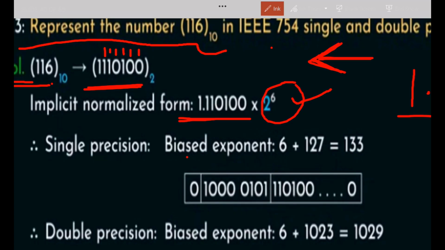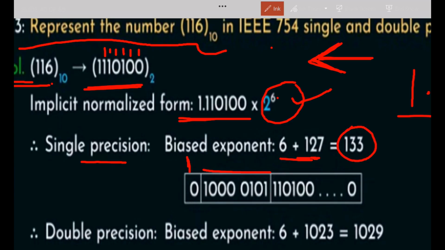Now see here, my first value is 0, meaning positive number, because 116 is a positive number. Second, this is the exponent form. This is single precision. In single precision, your bias is equal to 127 and E is equal to 6. So 6 plus bias is equal to 133.